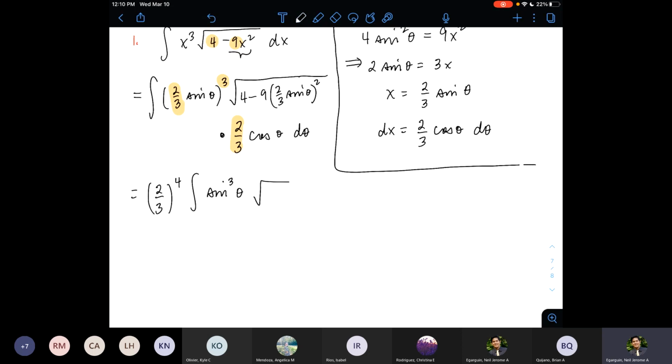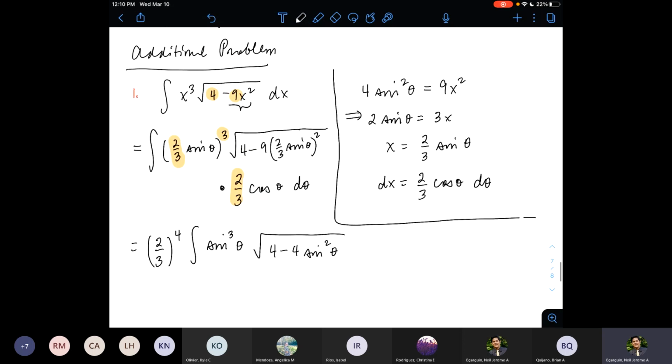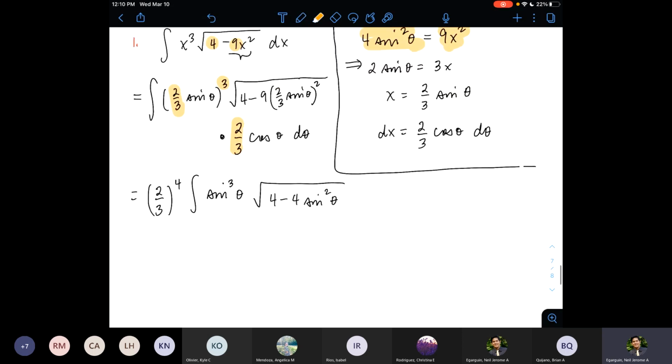And then remember what will happen here? 4 minus 9x squared essentially will be 4 minus 4 sine squared theta, because that's what we wanted. Or actually, I wrote that here, that 9x squared will be replaced by 4 sine squared theta, times cosine theta d theta.